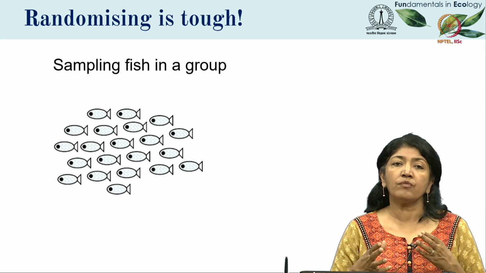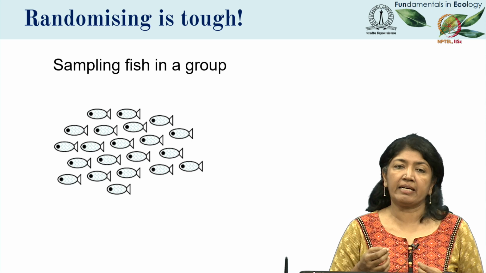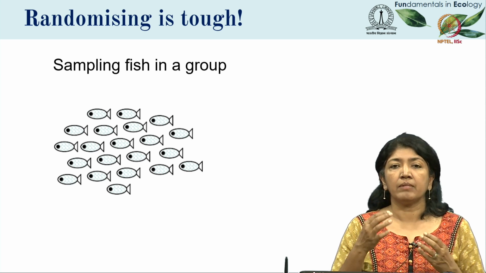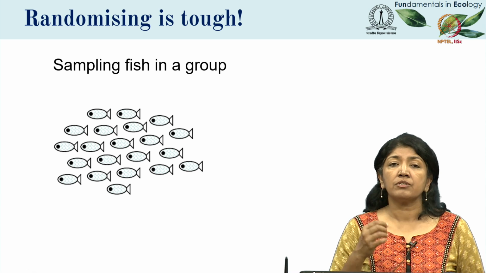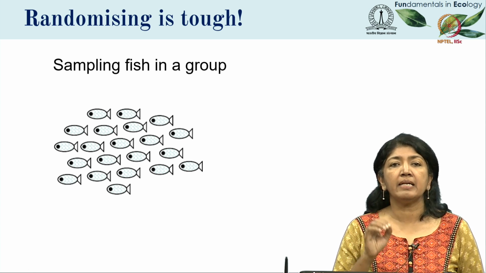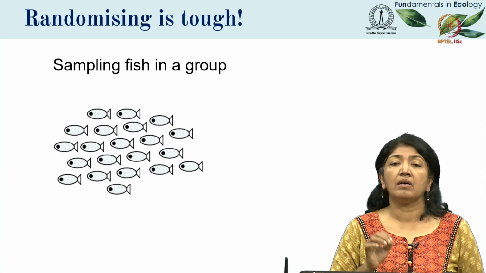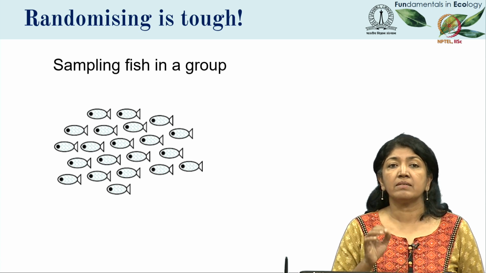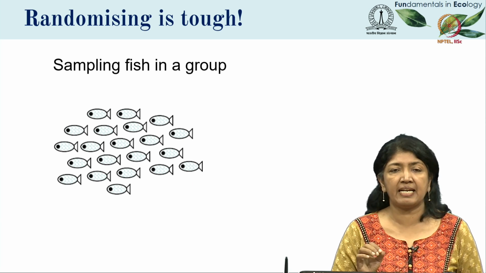Now, I can't follow the behavior of all individuals in a group. So, I need to select a few individuals whose behavior I can measure. So, the question is, how do I sample individuals in a group at random? Remember again, at random means all individuals in a group should have an equal chance of being selected.